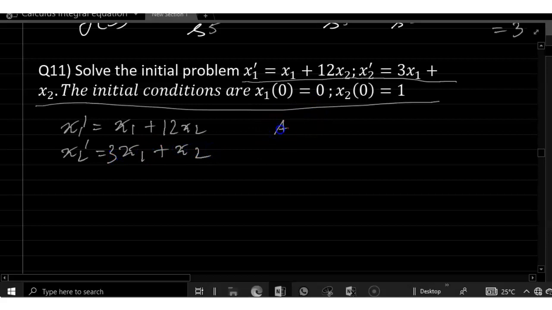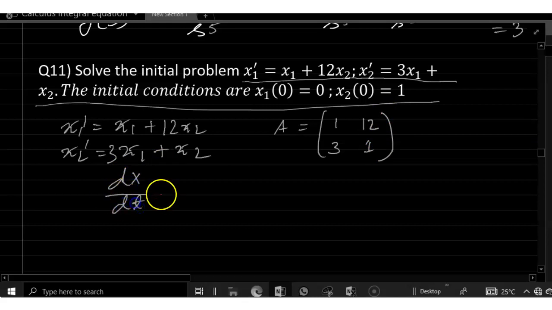So A equals [1 12; 3 1], and dx by dt equals Ax, and x equals (x1, x2).